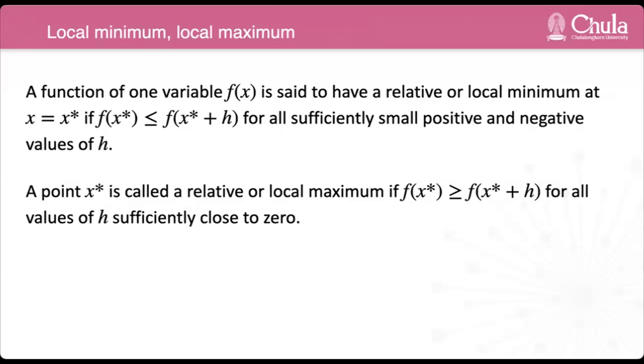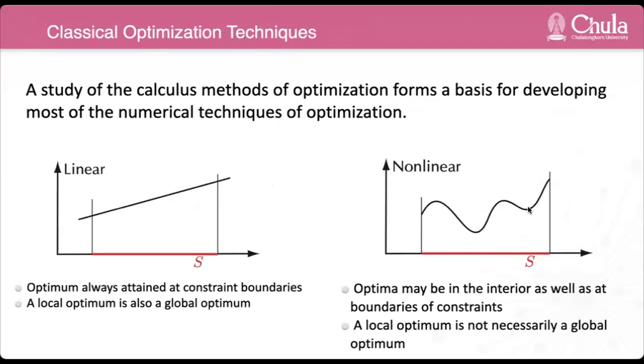So if we go back to this, consider this part. We have f(x star) here, right? And the value of the function at x star plus h, no matter h is positive or negative, increases. That means x star is the minimum, right? Local minimum.